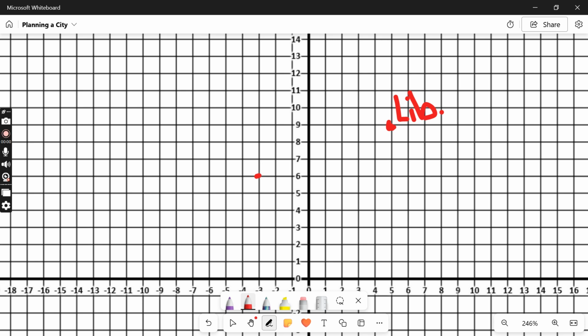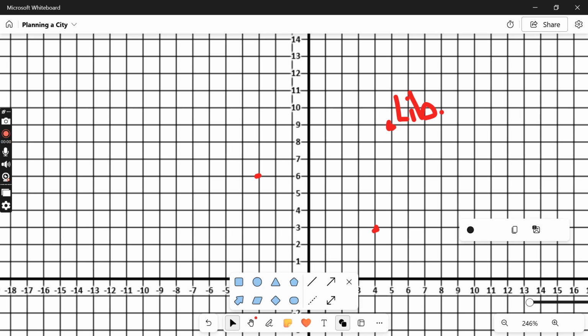When you're doing your lines, so use a straight edge first of all. Your line should go across the entire grid. It should not just connect. We're not just connecting this point and this point, okay? I'm not just connecting those 2 points like that.